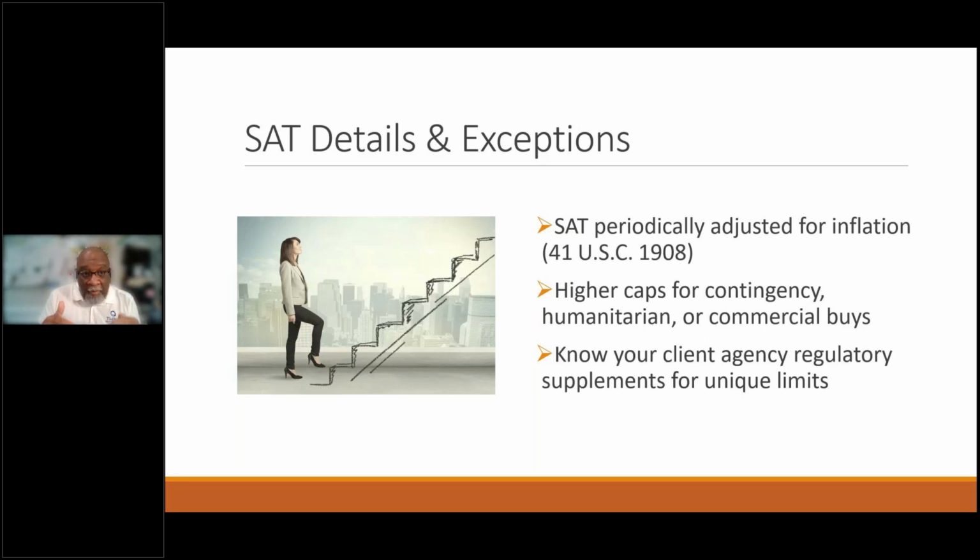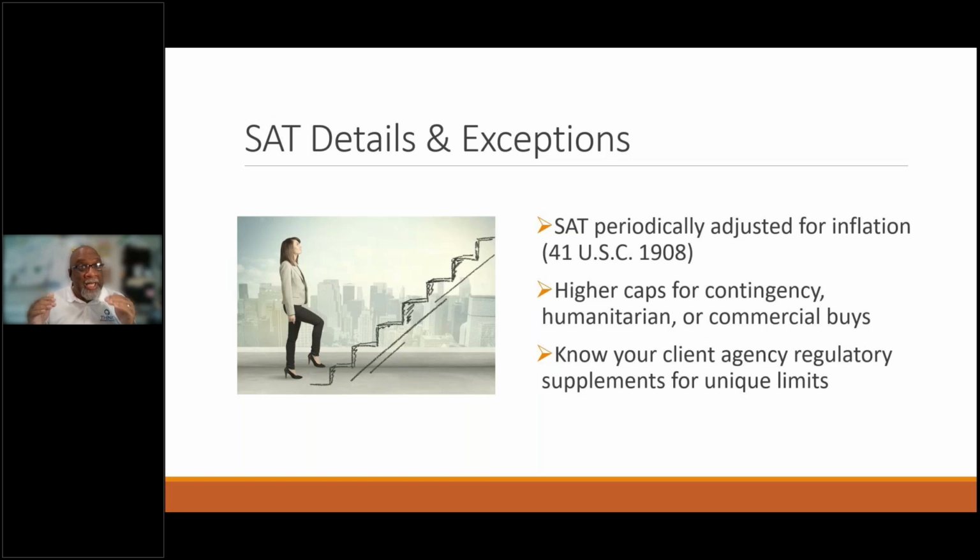Come September 30th or into October 1st, into the new fiscal year, when we transfer out of this year into the new fiscal year, it is expected that the simplified acquisition threshold will move from $250,000 to $350,000.